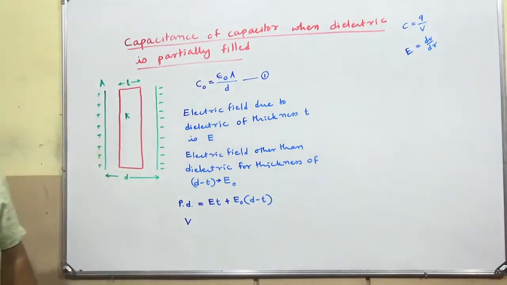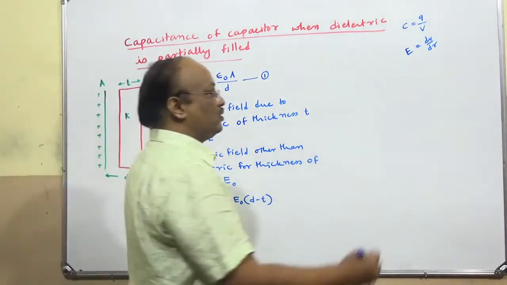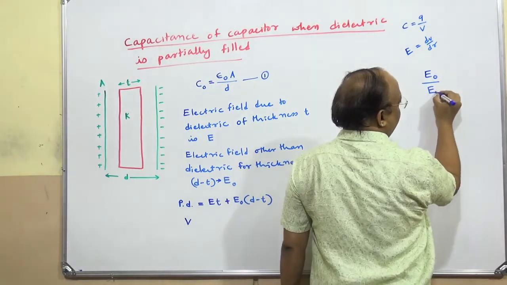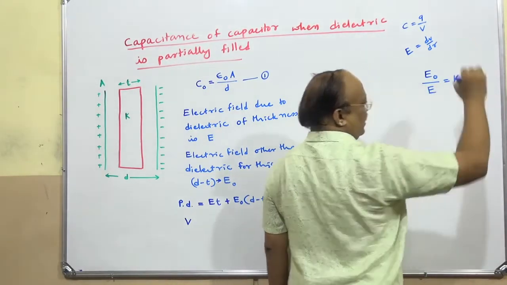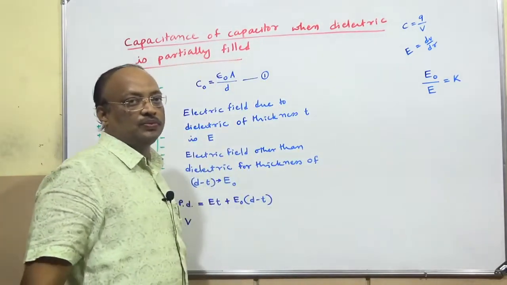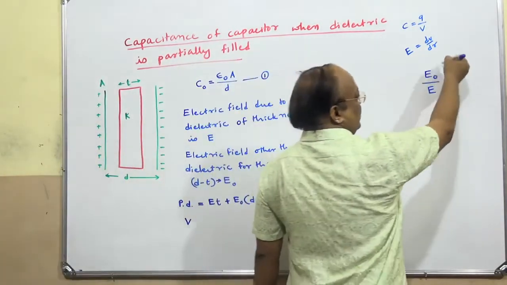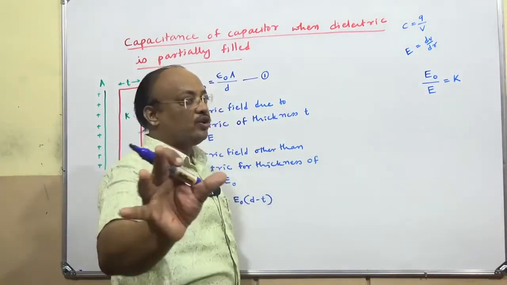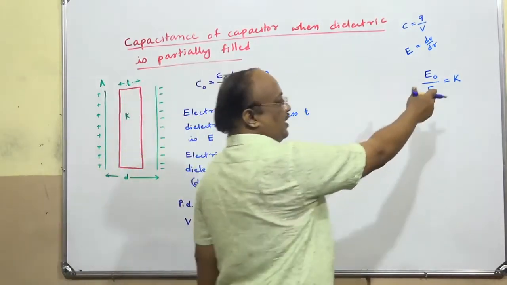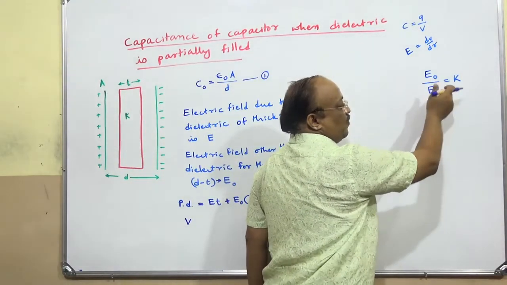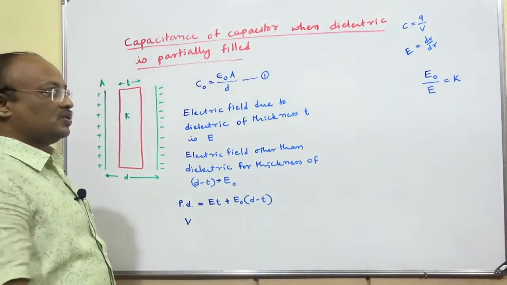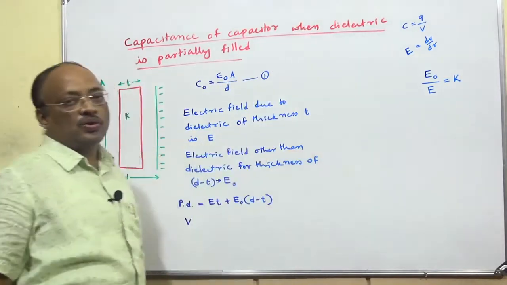While defining the dielectric constant, we have E naught by E is equal to K. E naught is the electric field when vacuum is present, and E is the electric field when the dielectric is introduced. So E naught by E is equal to K.